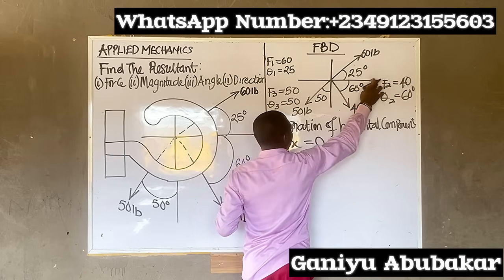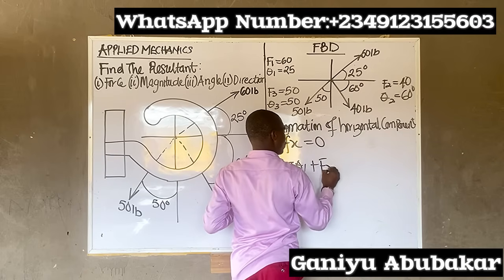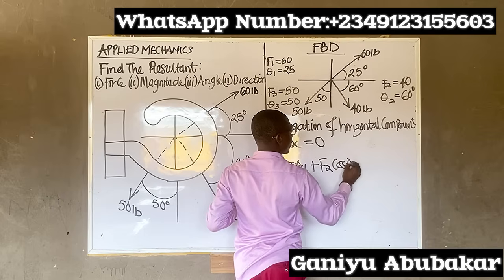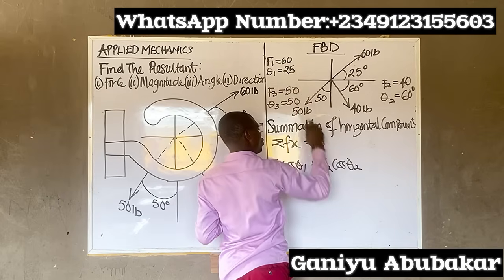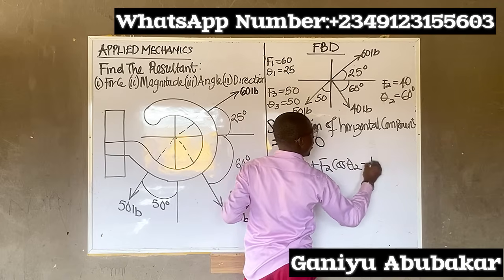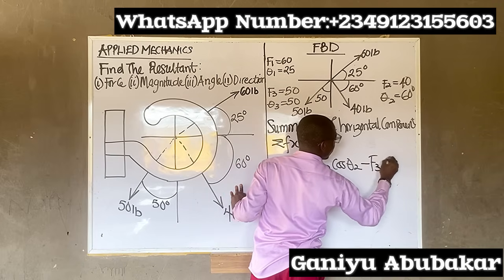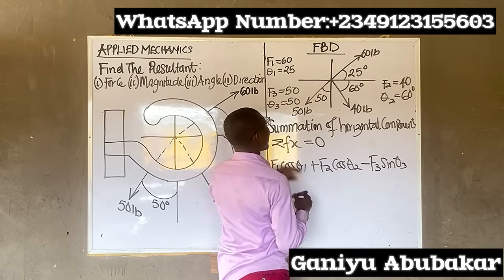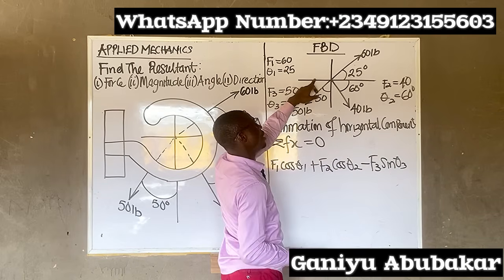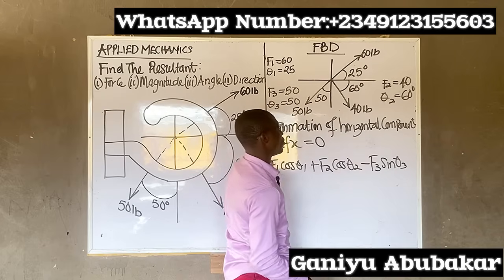Resolve to the horizontal, that gives you plus F2 cos theta 2. At this point, resolve to horizontal, that gives you minus F3 sine theta 3. Why sine? Because the angle is not to the horizontal, it's to the vertical. Please, so I have this one here.